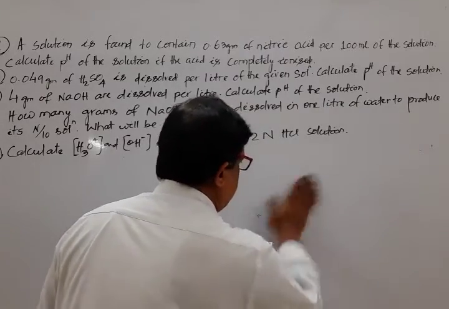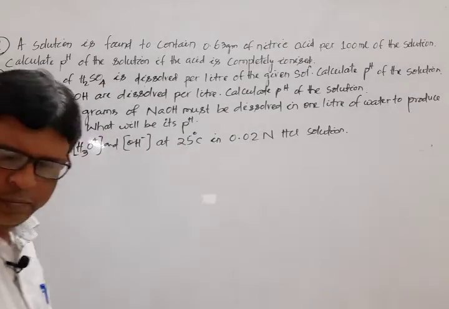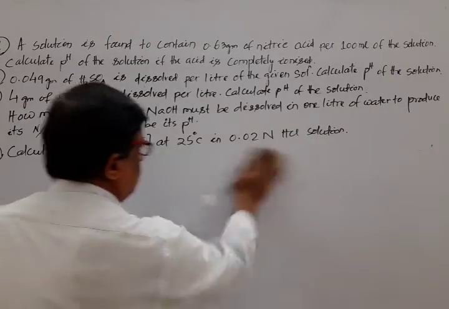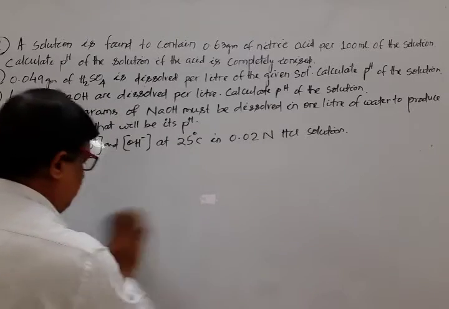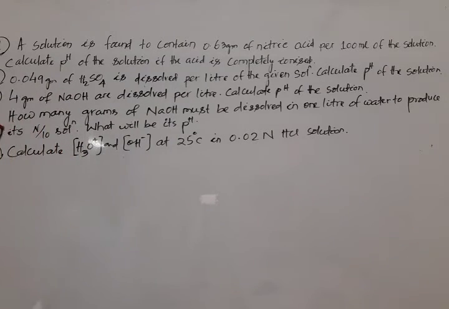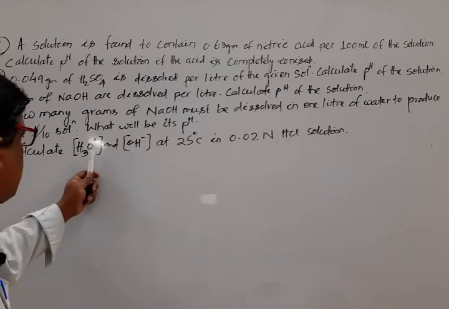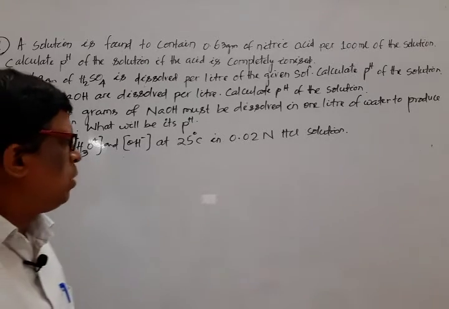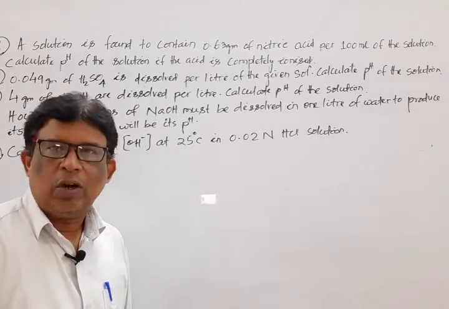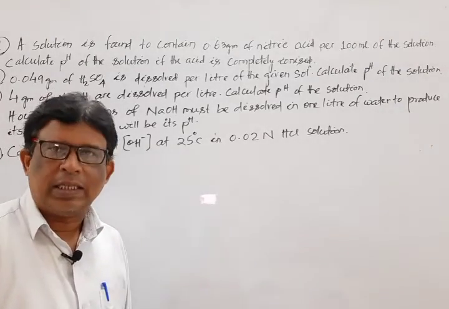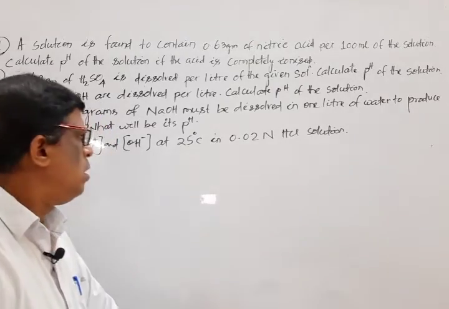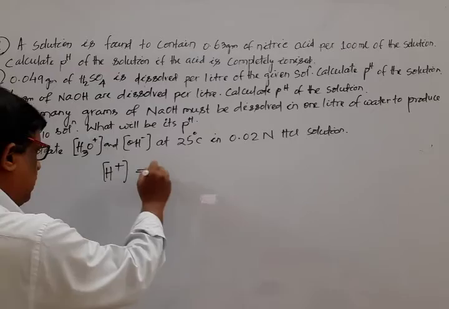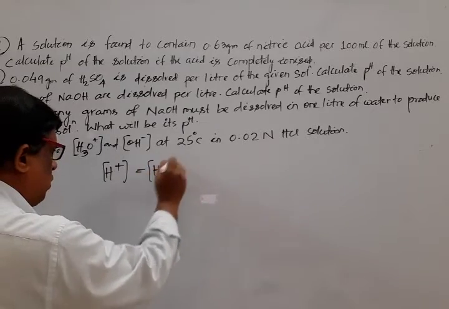Mark that. What is the next question? Mark the question. Calculate the H3O plus ion concentration and OH minus ion concentration at 25 degrees centigrade of 0.02 normal HCl solution. So we know the H plus ion concentration is equal to the H3O plus ion concentration.